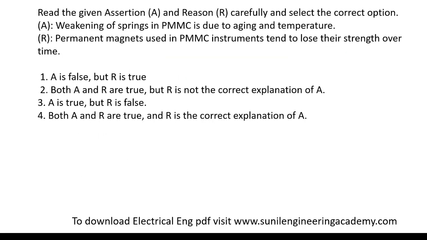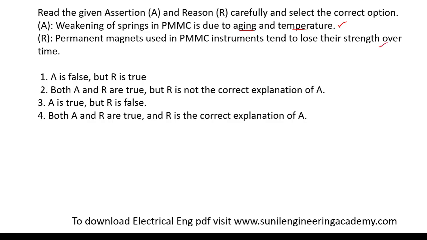Coming to the next one: this type of question is very easy, guys. Read the given assertion and reason carefully and select the correct option. Assertion: weakening of springs in PMMC is due to aging and temperature. Yes, correct. Weakening of springs may happen due to the aging effect and temperature. Reason: permanent magnets used in PMMC instruments tend to lose their strength over time.